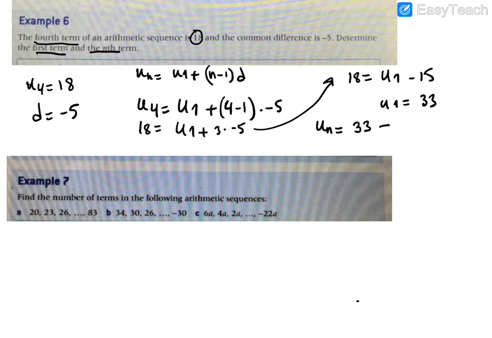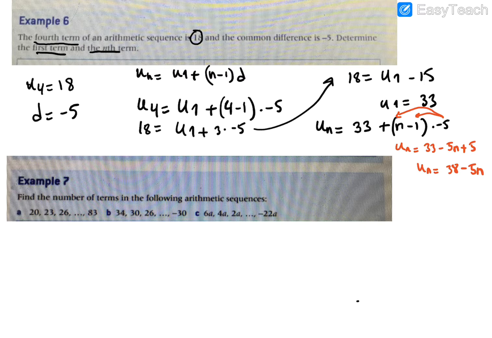Which is 33 plus n minus 1 times d. d is minus 5, so you have to distribute that. So un equal to 33 minus 5n plus 5. un equal to 38 minus 5n. Okay, this one is your general term formula.